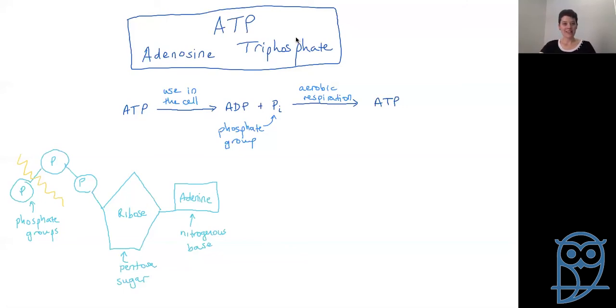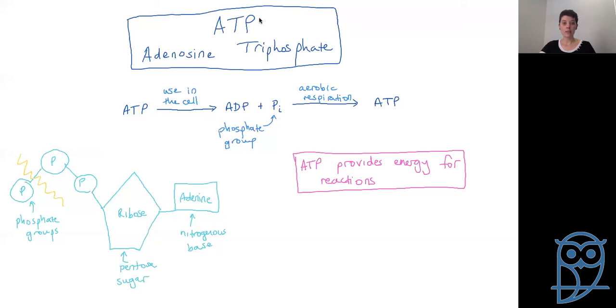So we keep saying energy is needed for particular reactions. How? What happens? We've referred to it a little bit in terms of how we can lose this phosphate group, but there are actually 2 different options here that work really nicely. ATP provides energy for reactions, and there are two different ways in which this can be done.